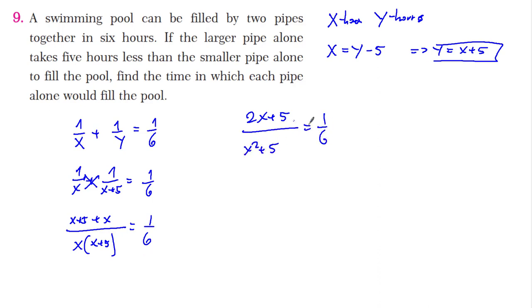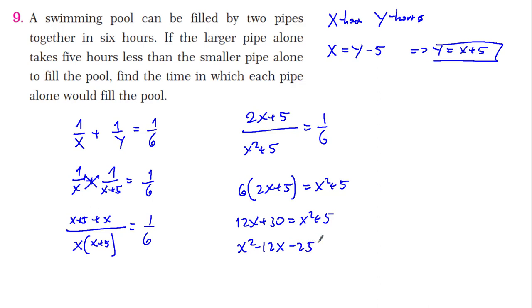Cross multiply, you get 6 times 2x plus 5 equals x times x plus 5. So finally we get 12x plus 30, it's x squared plus 5x, and finally x squared minus 7x minus 30 is 0. This is a quadratic equation.